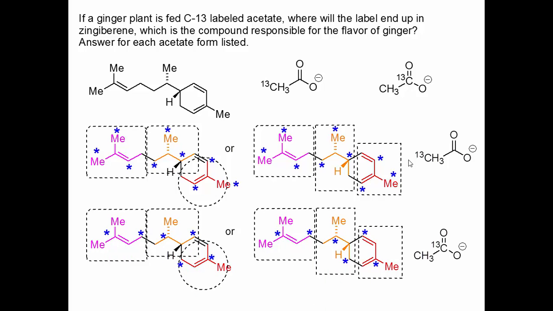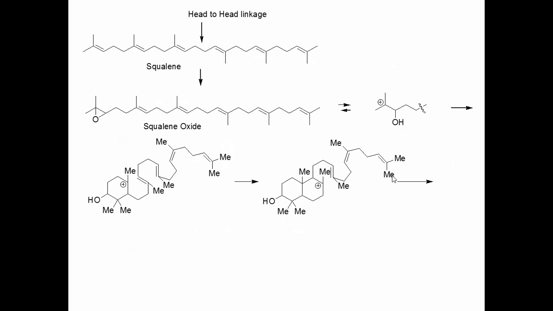In this next series is where we're going to have the label if we feed it C13 labeled acetate where the carbonyl group is labeled. And what you would see here is that these other carbons are now labeled as a result of this. So we have to find the isoprene units and remember how the biosynthesis is putting the basic isoprene unit together to address a question like this.